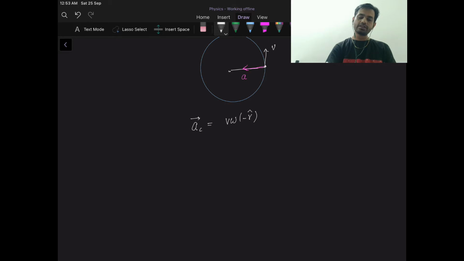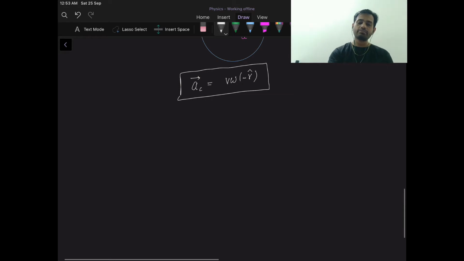This is how we can write the centripetal acceleration. Now for the magnitude, we already know that v is equal to omega r. If a particle is moving in a circle, at any moment v can be written as omega into r.